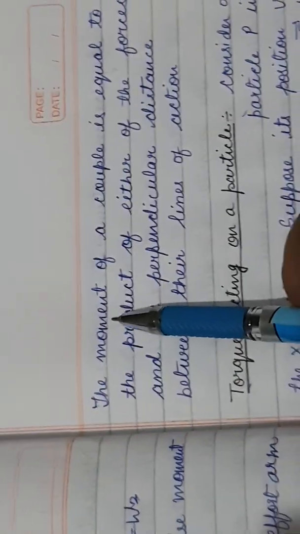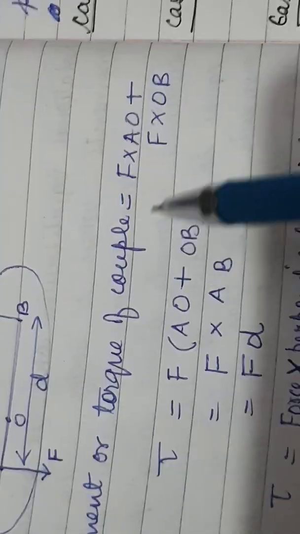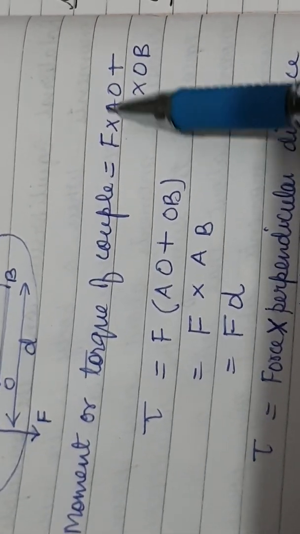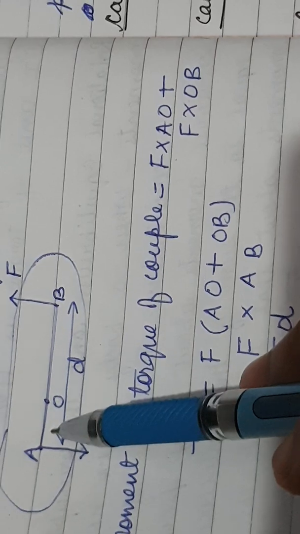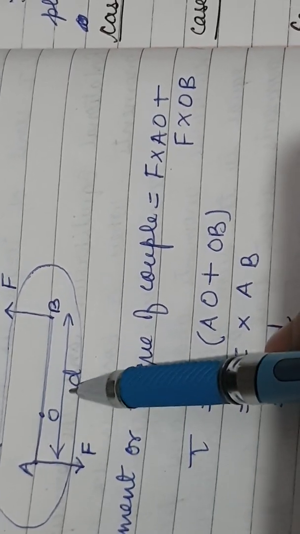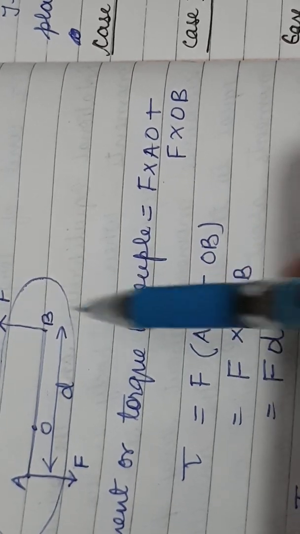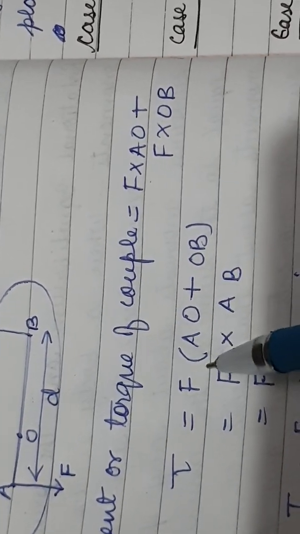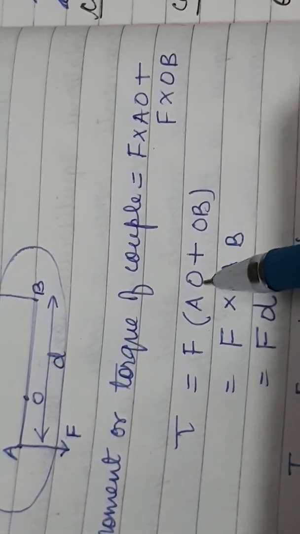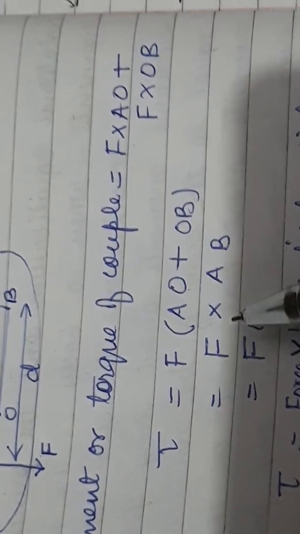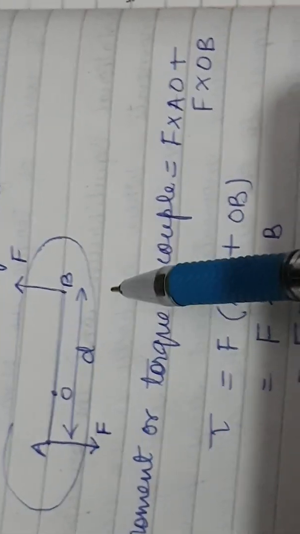So the moment of the couple, the torque of the couple, will be equal to F into OA, which is the moment of this force, plus F into OB, which is the moment of this force. So we will take F common, so it will be F times OA plus OB, which is equal to AB.